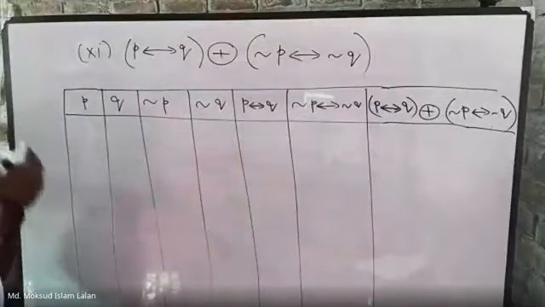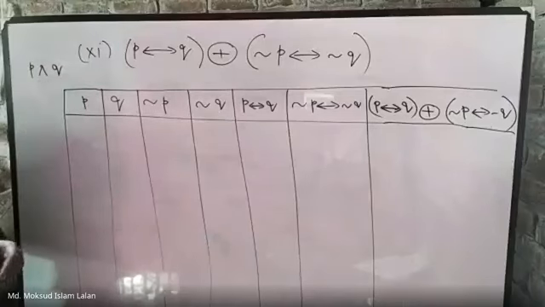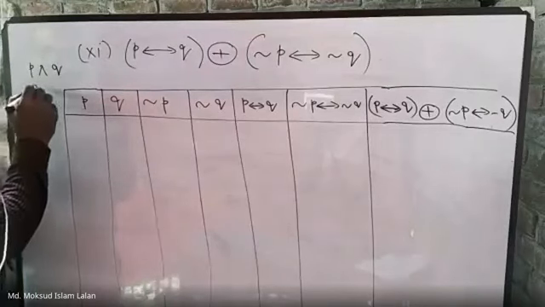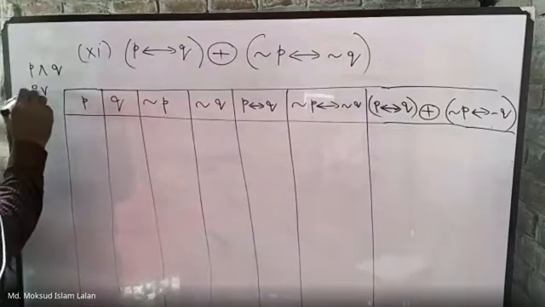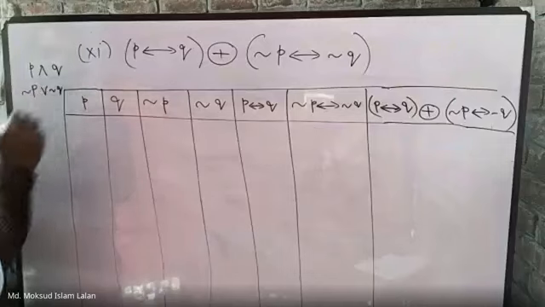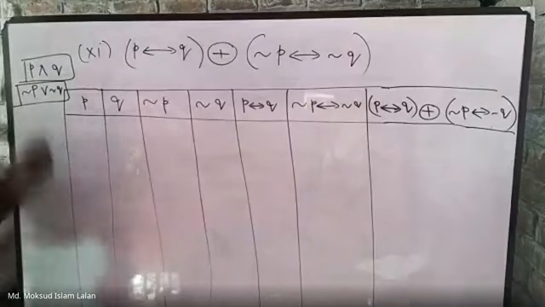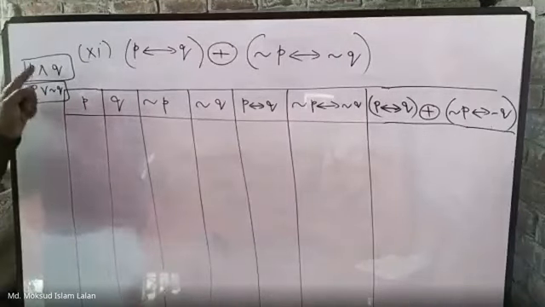Okay, as for example, Munna, P conjunction Q, right? Yes, sir. P conjunction Q, and negation of P disjunction negation of Q. Draw it like this and see what the result is. Just compare these two tables, right?